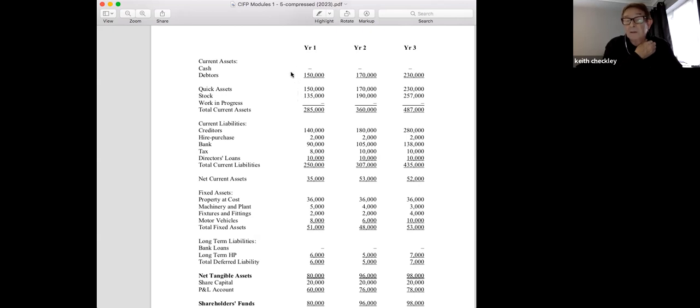And the accountant who prepared these figures has been very friendly towards us. They're giving us a figure for the quick assets, which is the cash plus debtors, quick assets, 150,000. So this time on the calculator, you're putting in 150,000, which are the quick assets, and we're going to divide by the current liabilities at 250,000, and we're going to get 0 point something to 1.